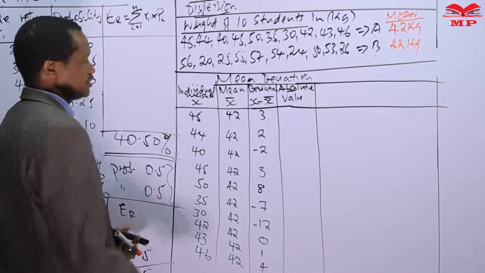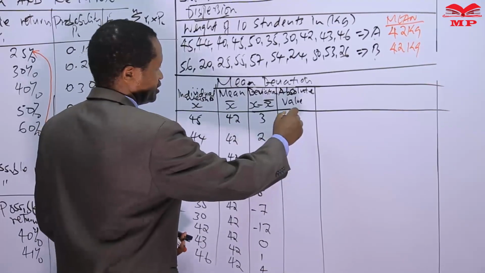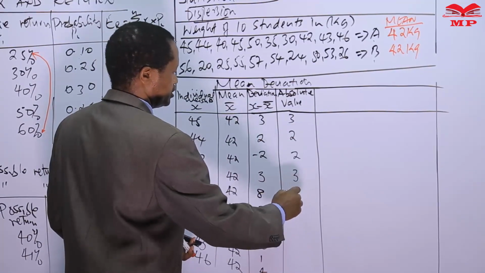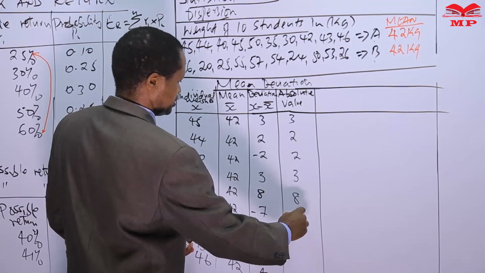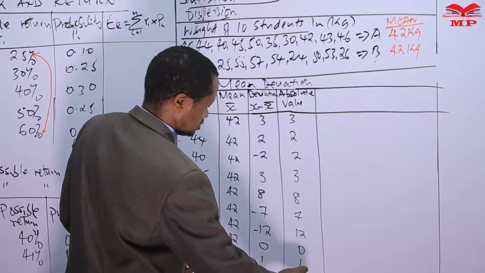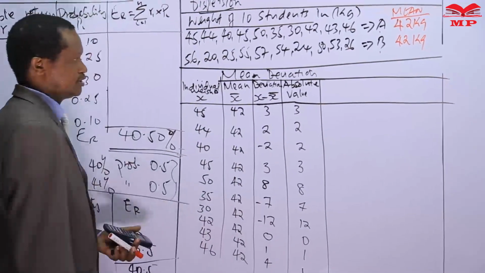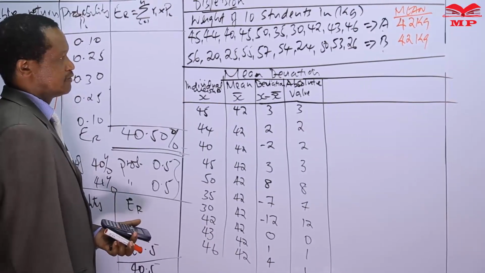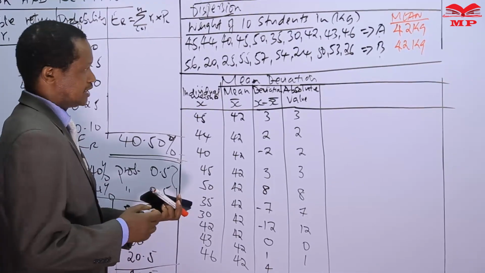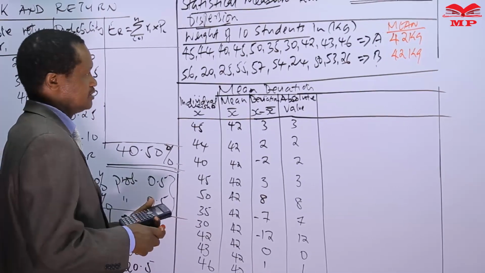Taking the absolute values, we ignore the negative signs here: 3, 2, 2, 3, 8, 7, 12, 0, 1, 4. So those are the absolute values for class A.